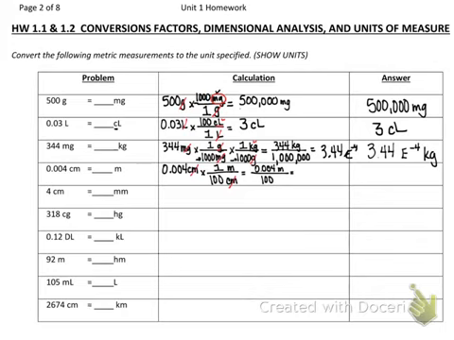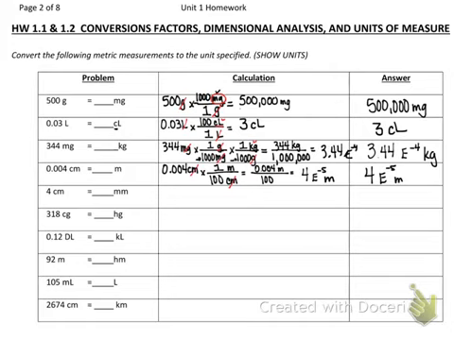And that will give me 4 e to the negative 5th. Don't forget your unit, that's going to be meters. 4 e to the negative 5th meters.